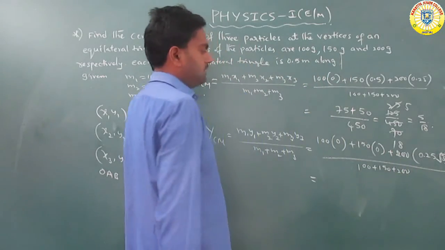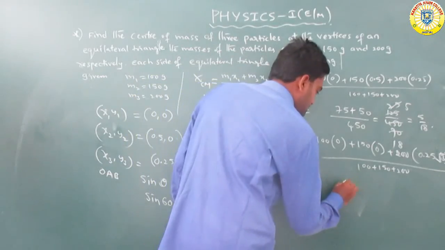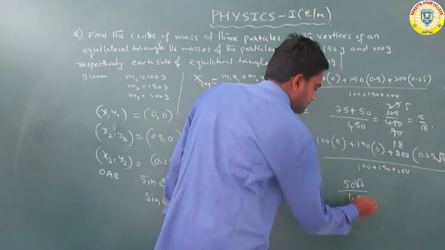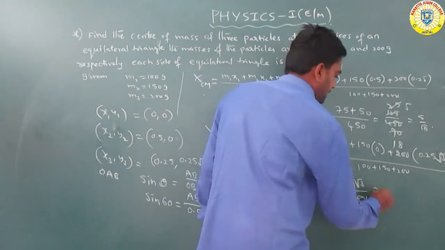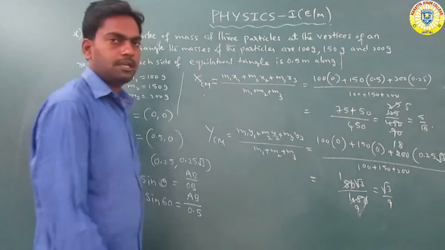So 200 times 0.25 is 50, so 50 root 3 by 450. The zeros cancel, so root 3 by 9.